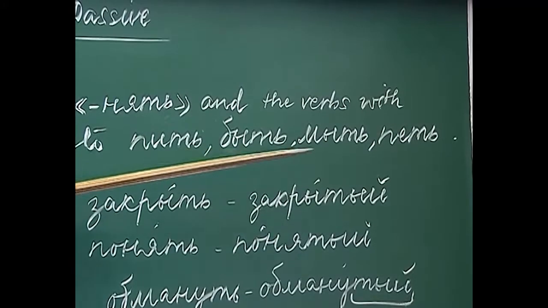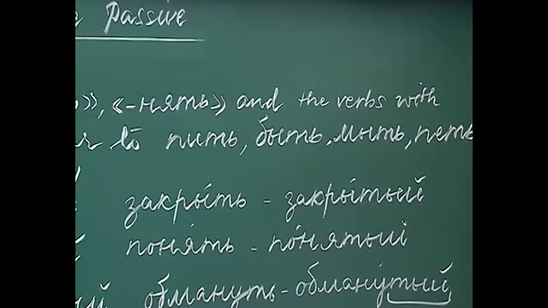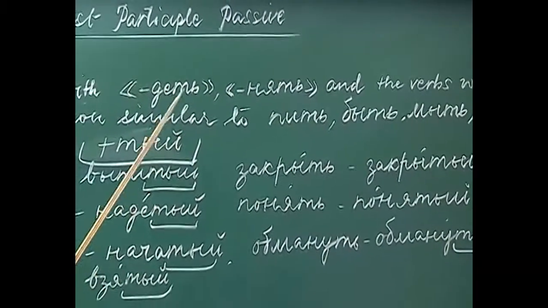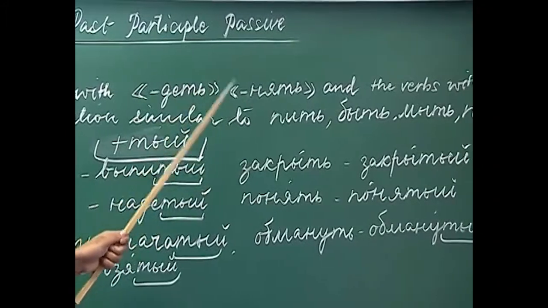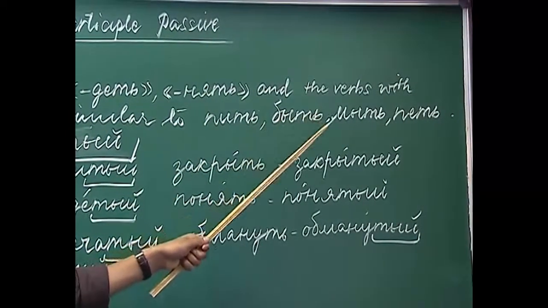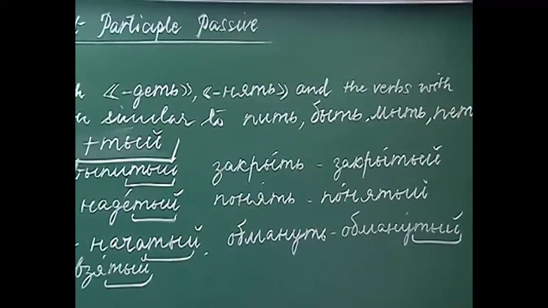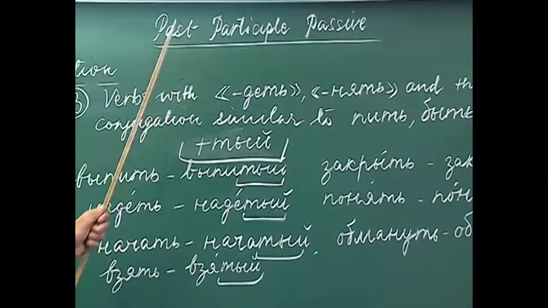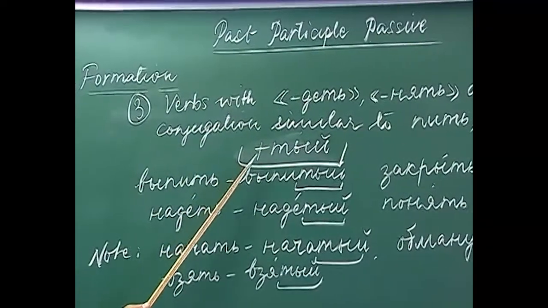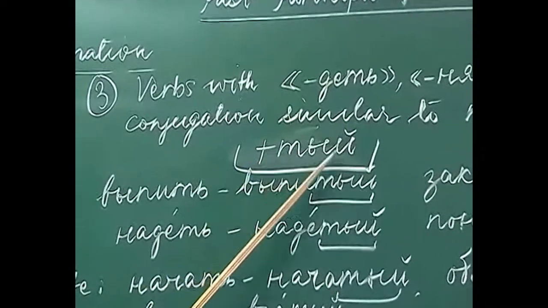We have already done their conjugations. So, if we come across any verb with the conjugation similar to either peet, beet, meet or piet, then we will form the past participle passive by adding the suffix te, I and ikrat ke.